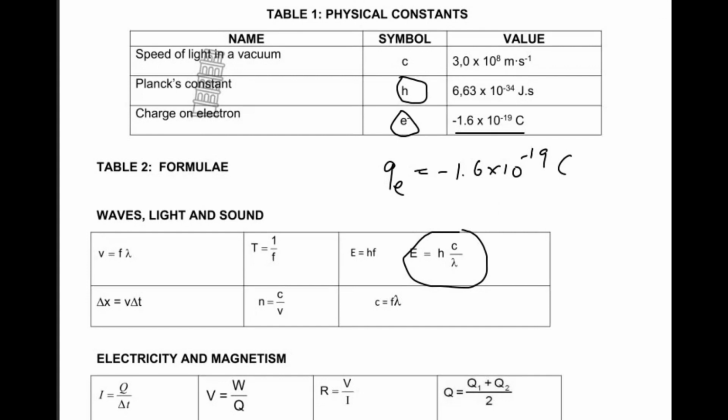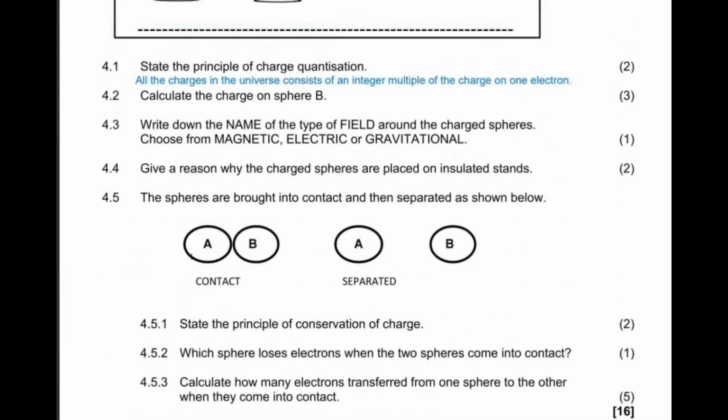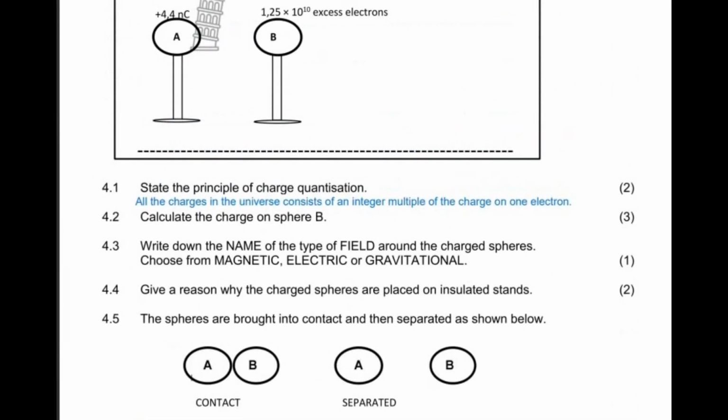So when they say that all the other charges in the universe are just a multiple of this value, it means that if you measure anything with a charge, you'll find that its value in coulombs is either 1 multiplied by that Q_e value, or 2 multiplied by that Q_e value, or 3 multiplied by that Q_e value, or 4 multiplied by that Q_e value.